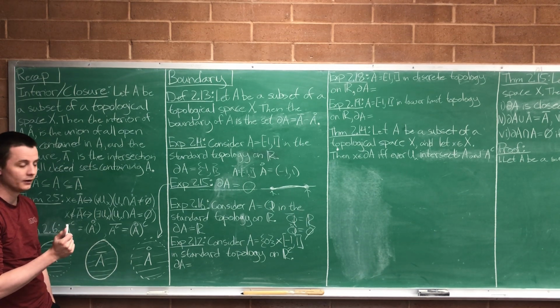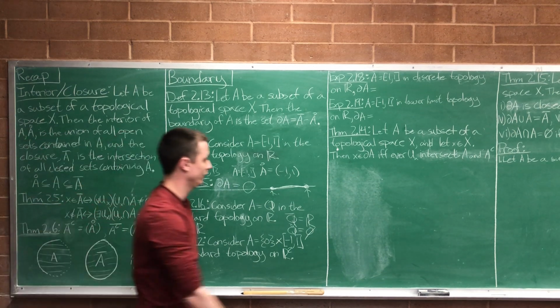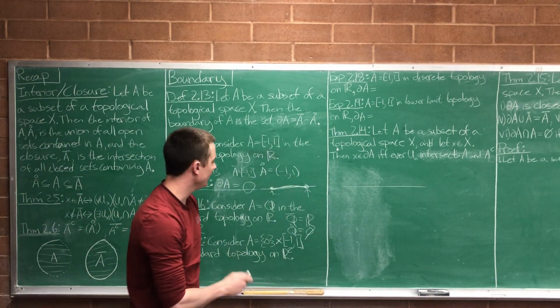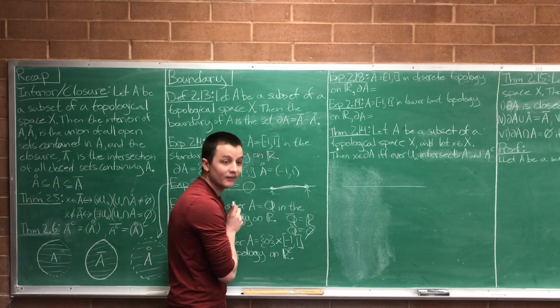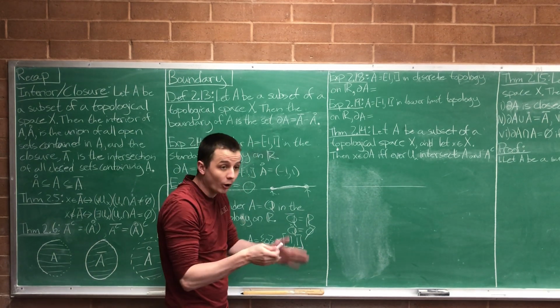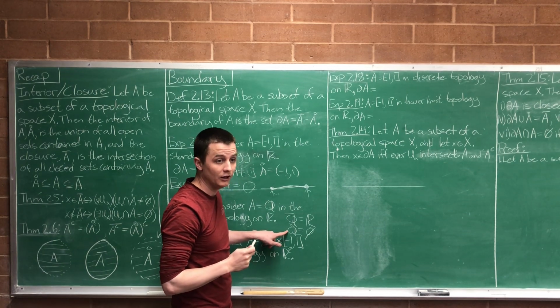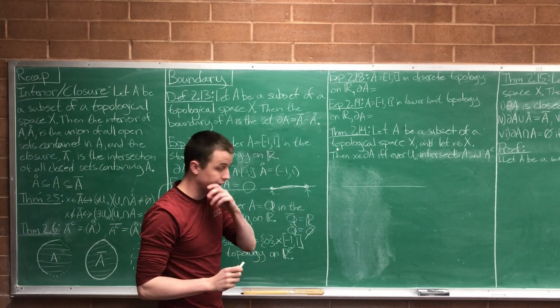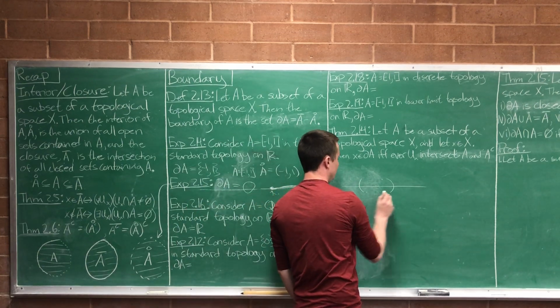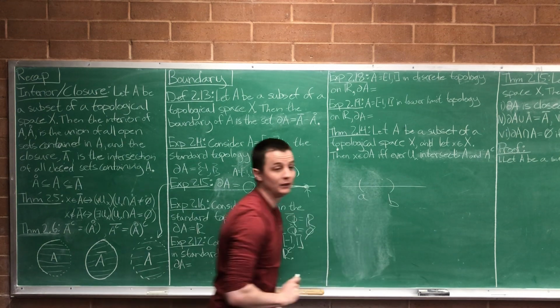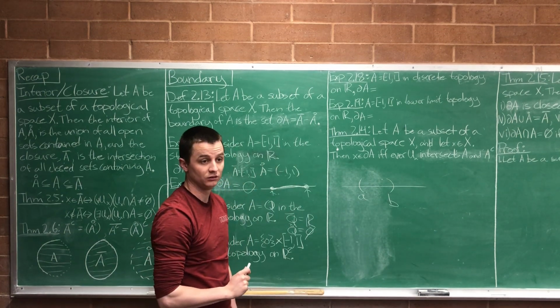How does that work? The intuition for it is, remember, if anything is in the interior of Q, then it needs to be open intervals. Because the interior of Q has to be made of open sets, right? So what do I need? I need to find some open interval, A to B, such that everything in that open interval is a rational.